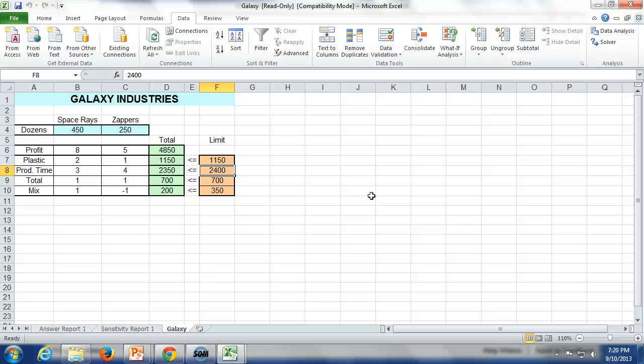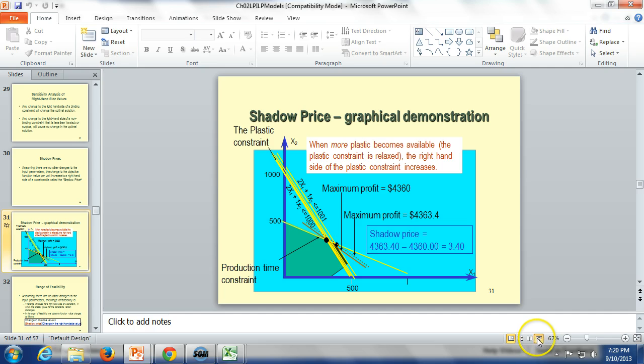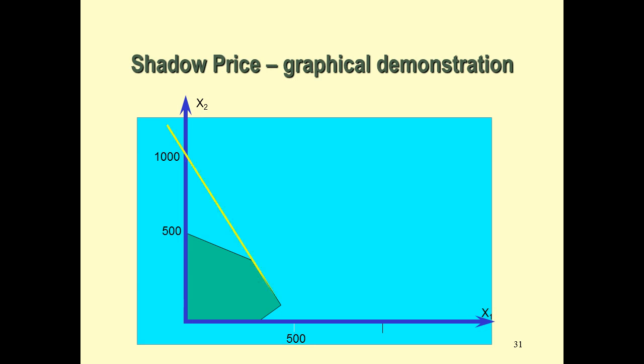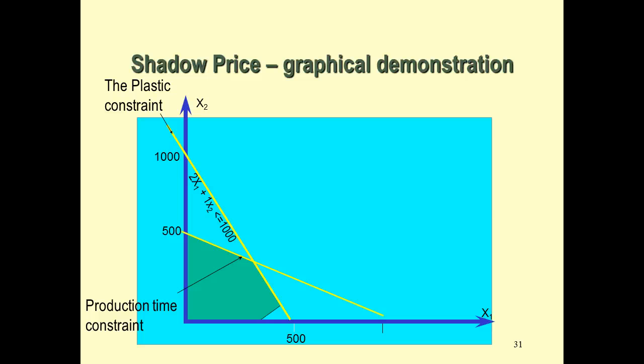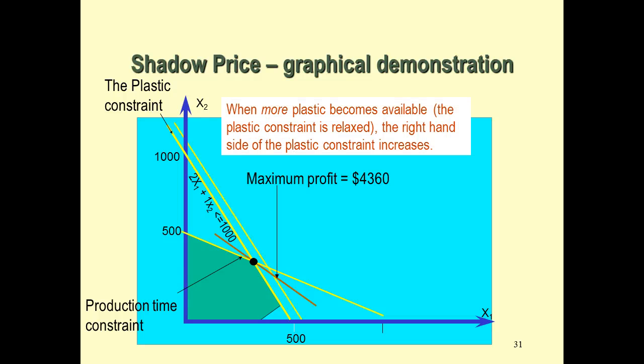So if we try to picture this in the sensitivity that we showed, what's really happening, and this is the galaxy in space for A1, the two things that are originally holding us back were production time and plastic. If we get extra units of plastic, it pushes that line out further, and what happens is now more points become feasible, which means I can push my profit line out a little bit further.